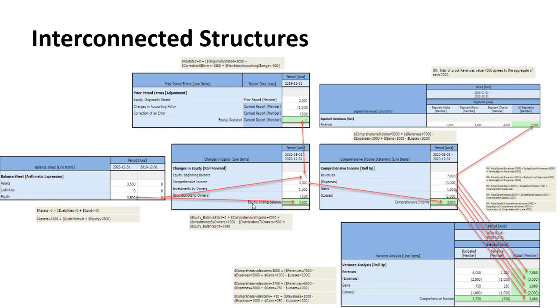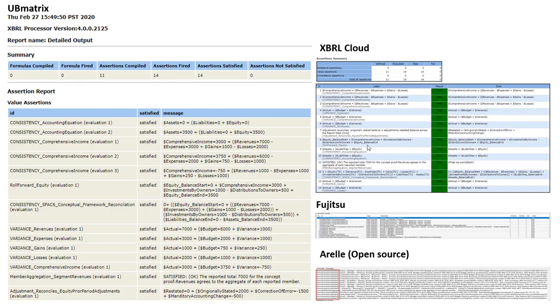Statement of change in equity ties the balance sheet and the income statement together, and then this prior period adjustment fits together here, and this member aggregation fits together here, and then this fits with all of that. And basically, you can see all these formulas. Here is that one simple report verified. These are all the numeric computations.